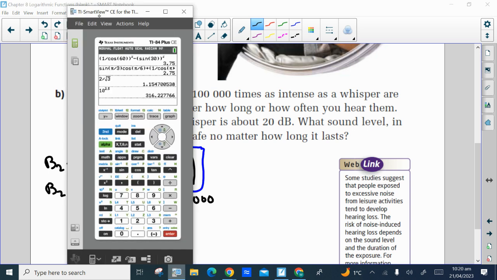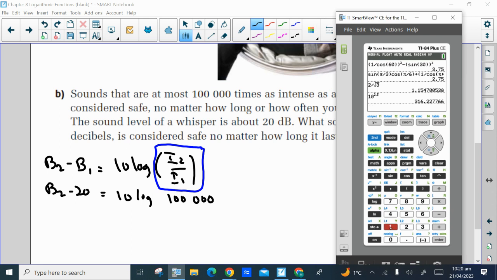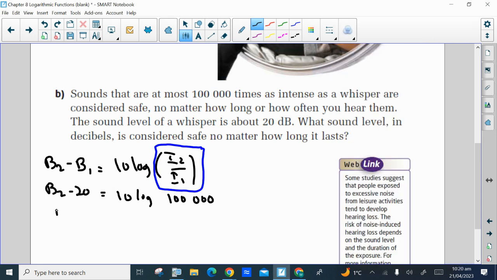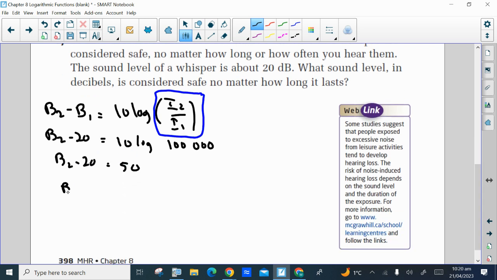So in this case, we can calculate what the right side is. That is a common log on the right. So it's just 10 times the log of 100,000. I think the log of 100,000 is 5, times 10 will give us 50. So B sub 2 minus 20 will equal 50. And then if you add the 20 to both sides, you'll get 70 decibels.